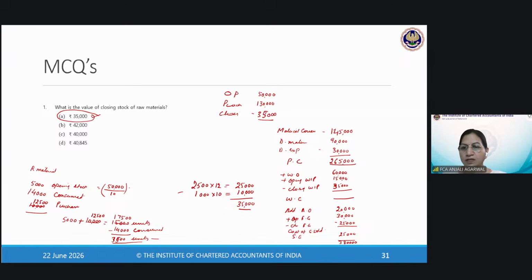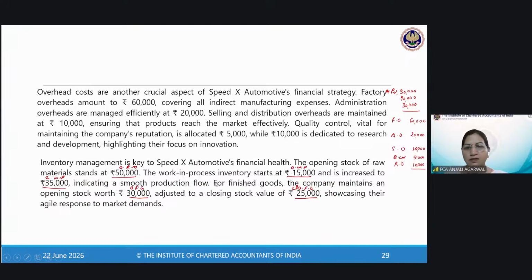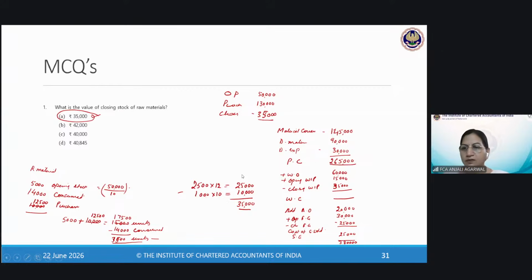Works overhead is 60,000. Opening WIP is 15, closing is 35. Let me check, yeah, closing WIP is 35. So works overhead will be 40 added, and it will come out to be 3,05,000.